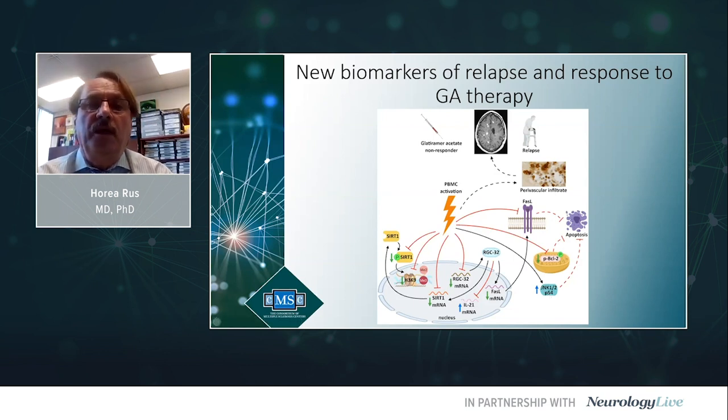And we are trying to assemble a panel of biomarkers which can be used to distinguish with a quick lab test patients with disease activity versus those who are stable, and patients who have a good response to therapy with various medications. And I showed an example of response to therapy with glatiramer acetate.